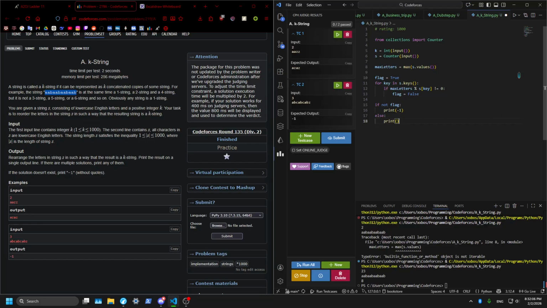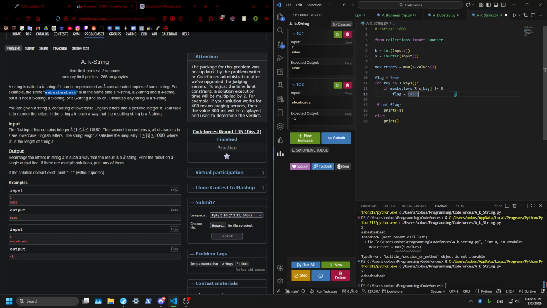Okay, what does this check actually do? It simply checks if we can make a k string or not, which k strings we can make it into. So this isn't good enough.